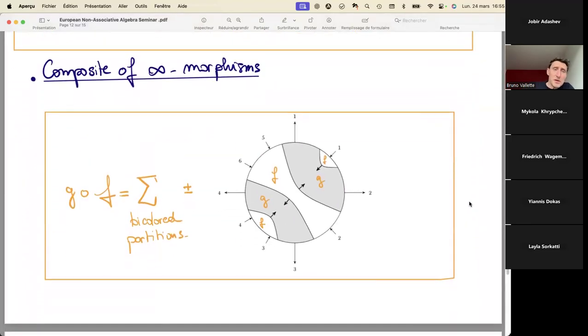How do you compose infinity-morphisms? Now you take your roundabout and you bipartition it. You take partitions into two colors, white, gray, white, gray, white, gray. And now you interpret the white as the first maps, which have outputs, and they compose into gray, and gray have outputs. That's it.